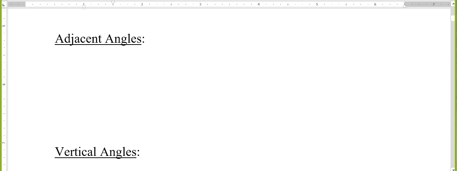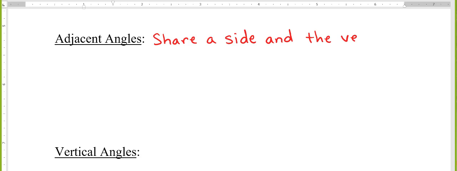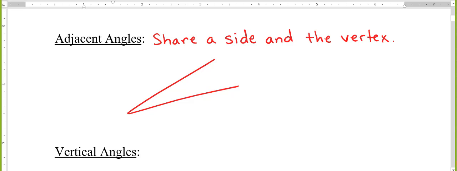Let's talk about what adjacent angles are. Adjacent angles share a common side. So they share a side and the vertex. To draw a picture of adjacent angles, here's one angle, right?